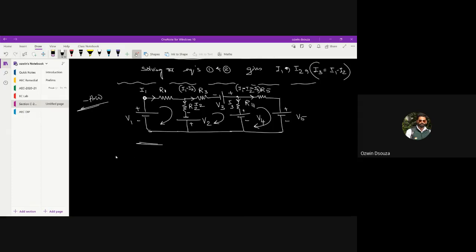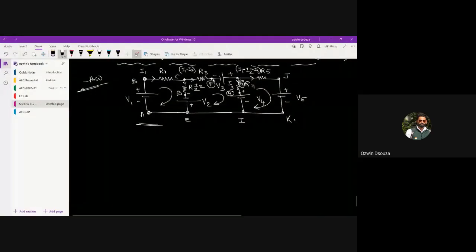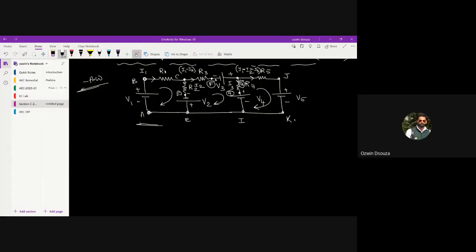Now let us apply KVL. Let's say this is A, B, C, D, E. Similarly, say this node is F, this is G, H, and some I, J, and then let's say K. I have created a node at the resistor junction and the battery junction also.